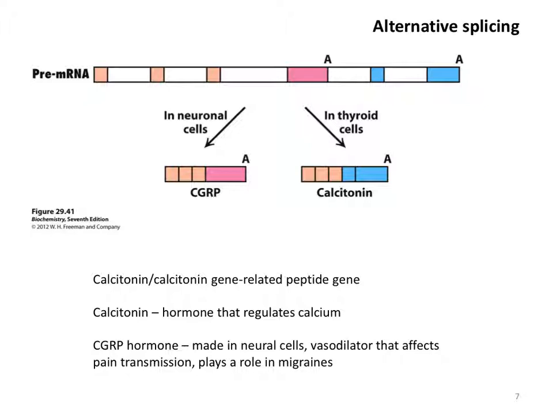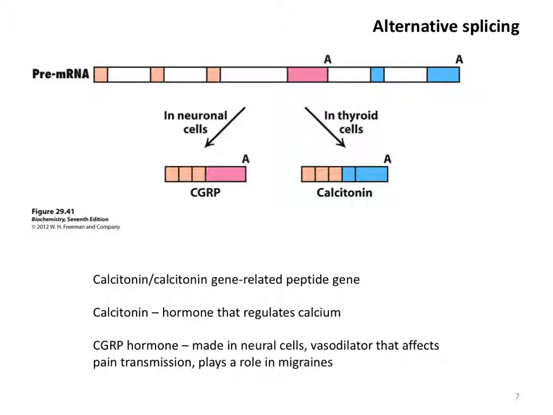Now, one of the answers to that mystery is the idea of alternative splicing. And this is something that we know is true. What is shown here is the classic example of alternative splicing, which is also in your textbook. It's the pre-messenger RNA for a gene that encodes 2 different proteins. One of the proteins is called CGRP hormone.